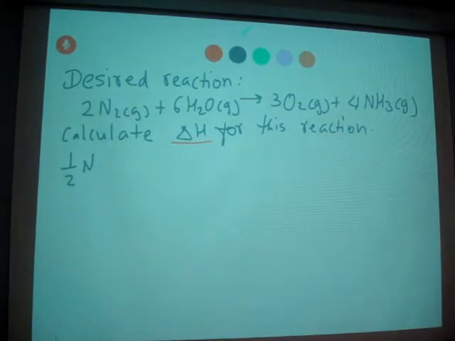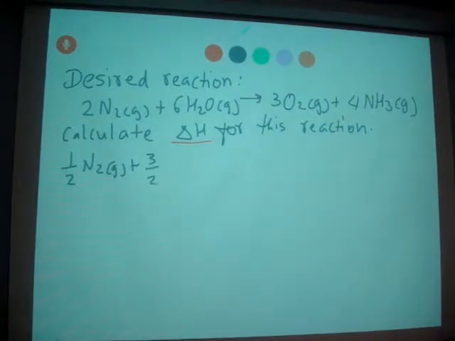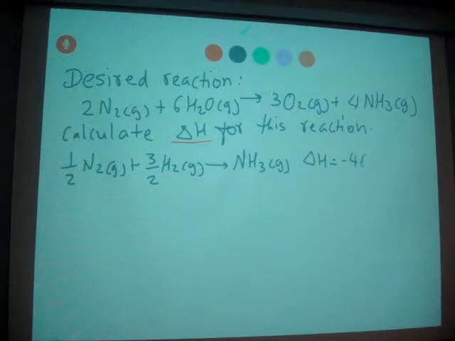1/2 N2 gas, 3/2 H2 gas, and NH3 gas, and we have delta H, which is negative 46 kilojoules.